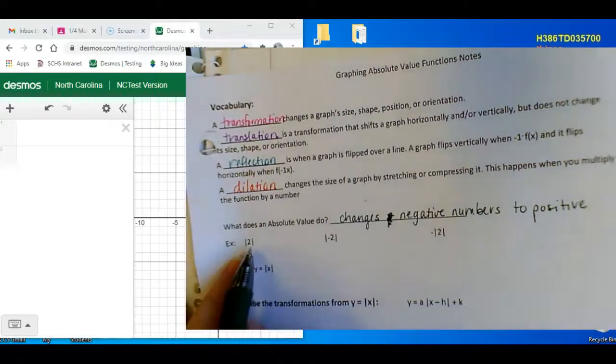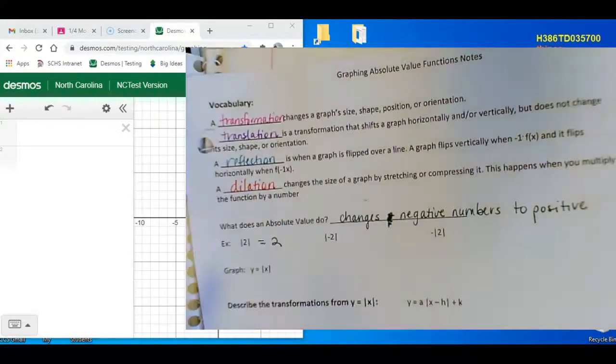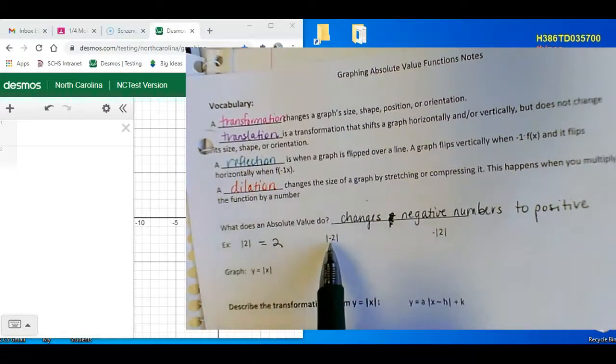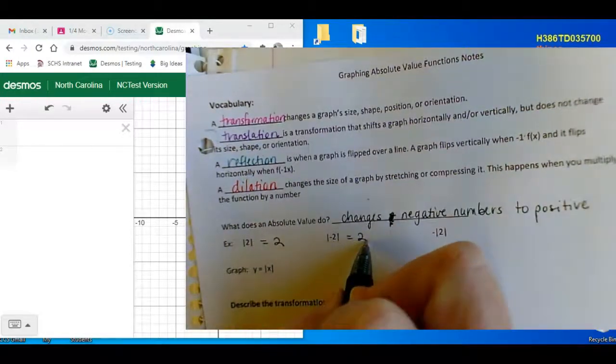Okay? So for example, if I want the absolute value of 2, 2 is already positive, so it just stays positive, and you get 2. If I want the absolute value of negative 2, I'm going to change it because I want the distance from 0 that negative 2 is, and you get 2.